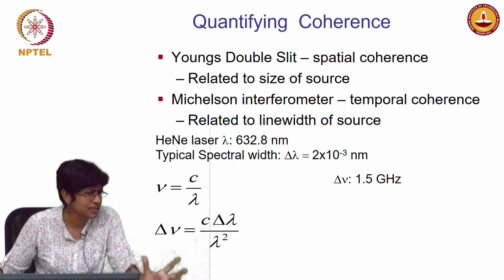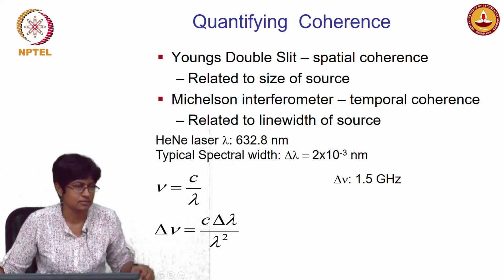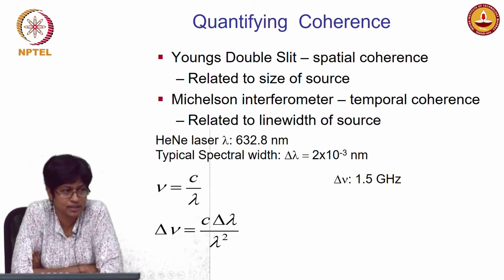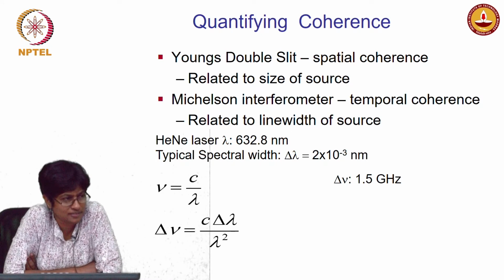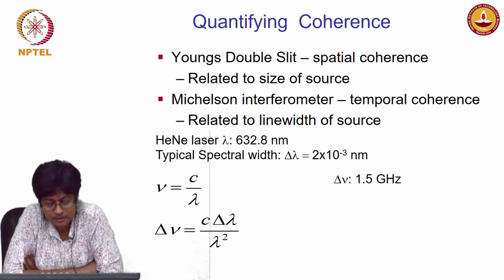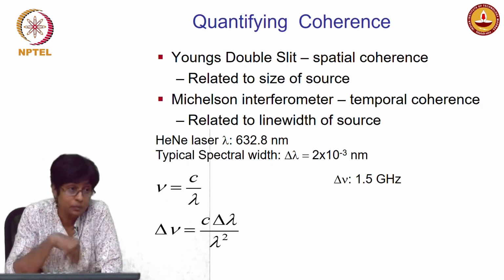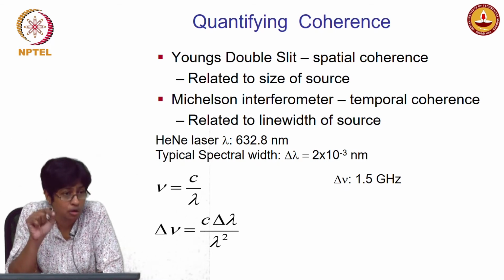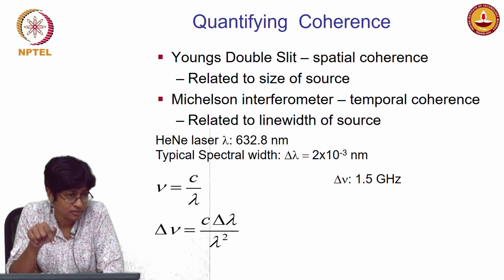So what does this delta nu tell us? What do you think it tells us? I've been doing all the talking here, now you do some talking. Remember, why are we looking at all of this? We're trying to understand temporal coherence, right? And what is coherence? Coherence is the correlation between the electric field.